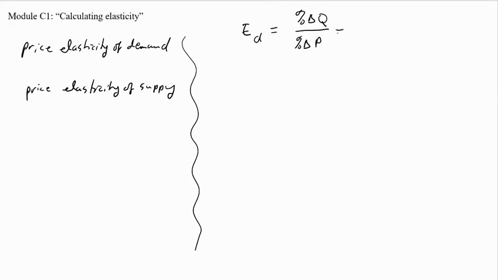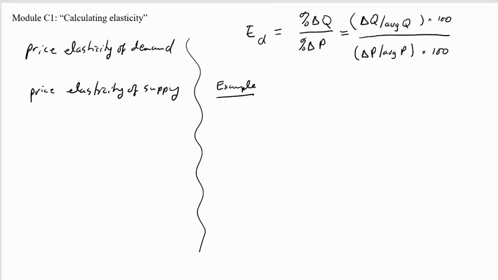Or we can write that a different way as saying that the change in quantity over the average quantity, all times 100, which makes it a percentage change, divided by the percentage change in price, which is the change in price divided by its average, times 100 to give us the percentages, is a way of calculating our price elasticity of demand.